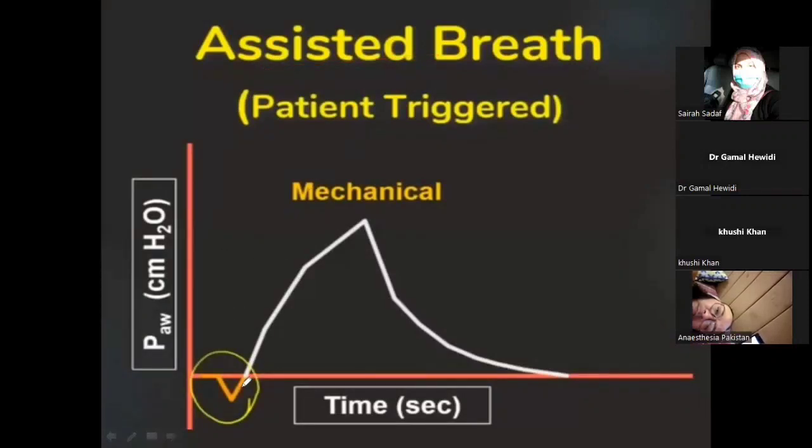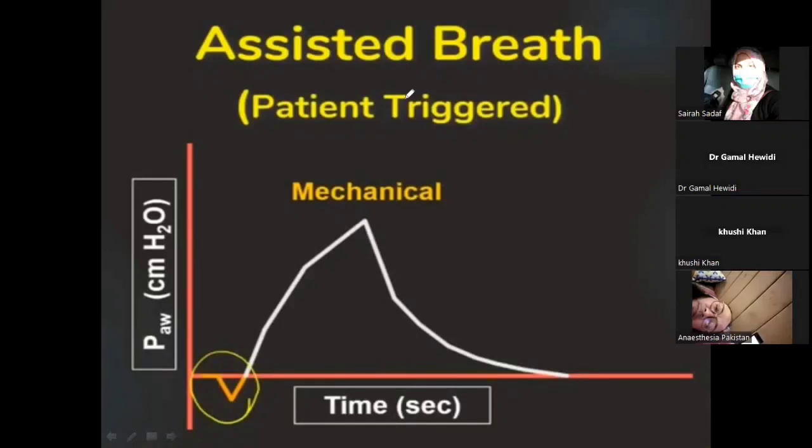As soon as the ventilator senses that patient has taken a breath, that is a negative breath, ventilator will immediately pick this up, take it up, full inspiration, and then after reaching a certain level, expiration will happen. Got it? So this is the pressure curve of a patient on assisted ventilation.